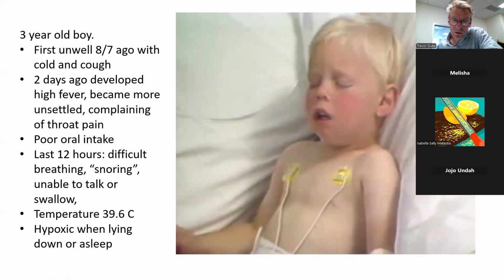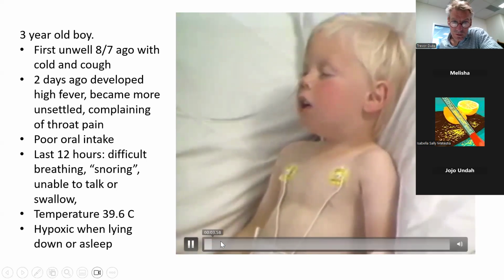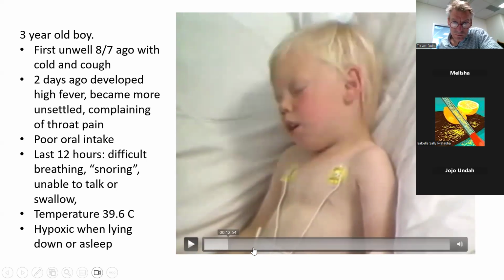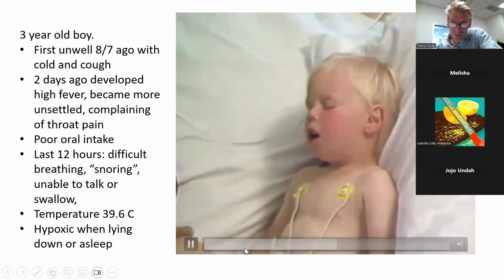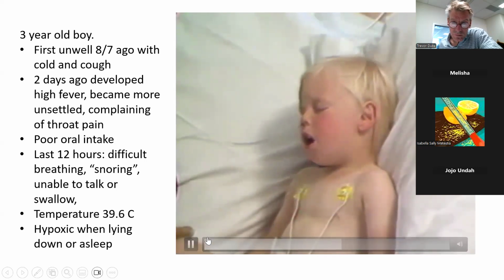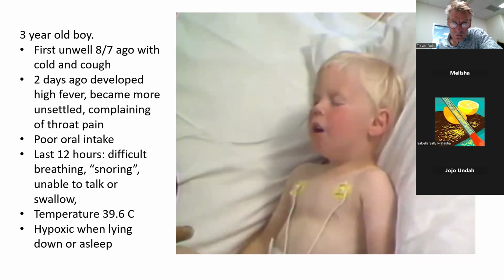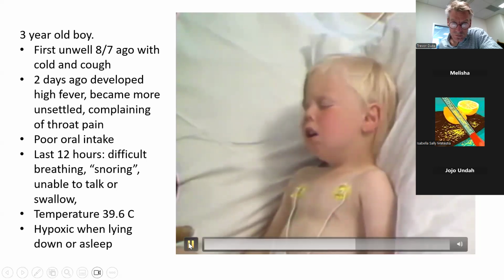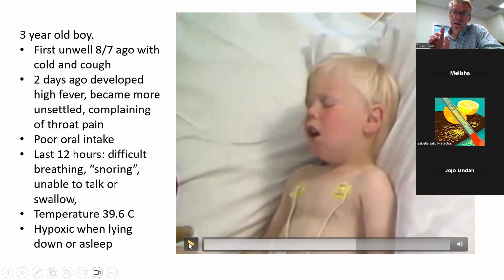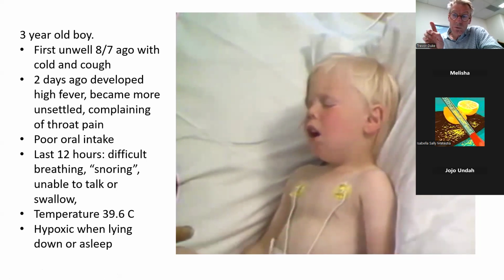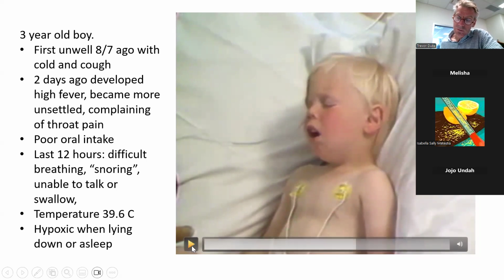You notice that when he coughs, it appears like he's got throat pain, and he grimaces when he coughs, and he has a strong expiratory snore.